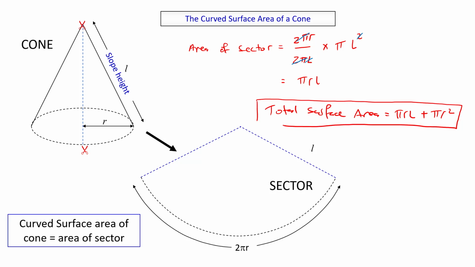Sometimes you'll be asked to find just the curved surface, and sometimes you need to find the curved surface and the base. Right, you need to hit pause, make some notes. If you're good at sketching, then sketch a cone. If you're bad at sketching, I'm afraid you're still going to have to sketch it. Okay, and when you're ready, hit play again and we'll move on.